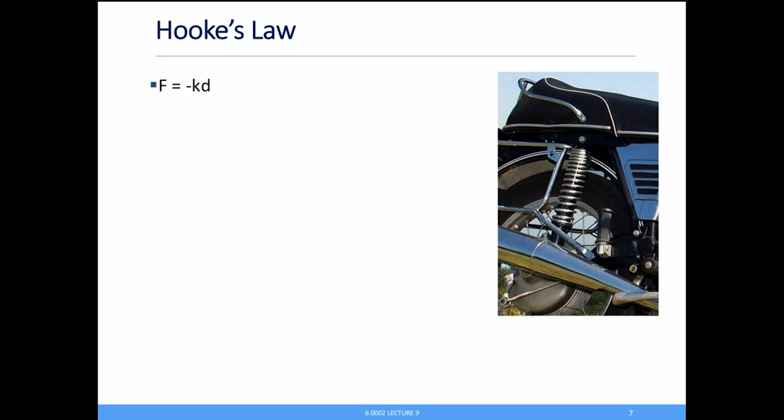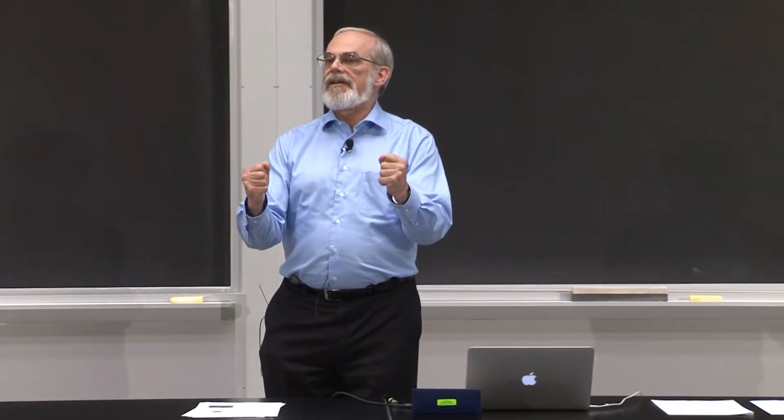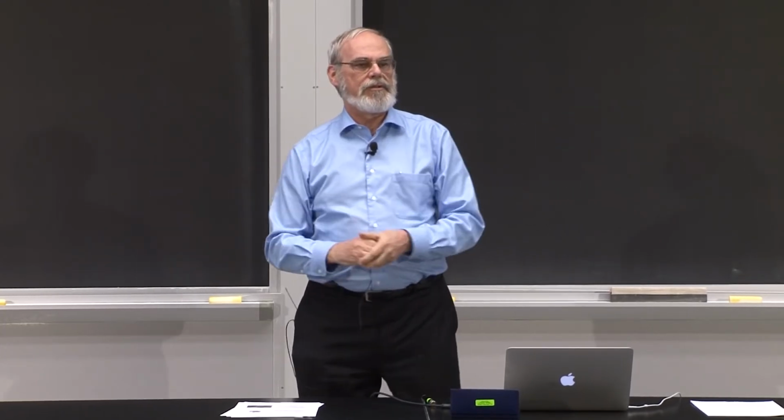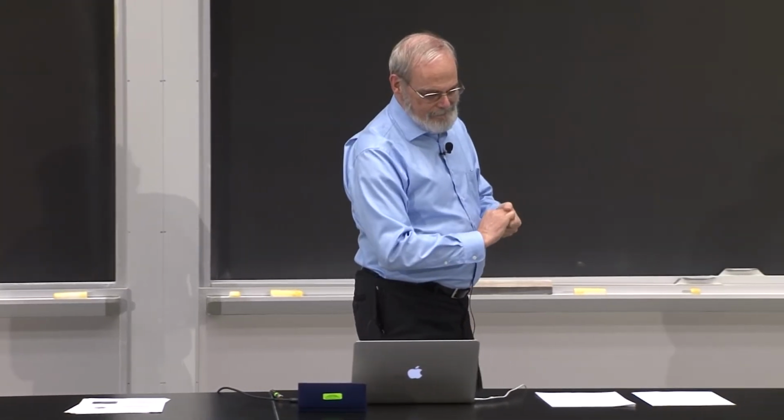It says the force you need to compress or stretch a spring is linearly related to the distance d that you've compressed it. Another way of saying it is, if I compress a spring some amount, the force stored in it is linearly related to that distance. And the negative sign here basically says it's pointing in the opposite direction. So if I compress it, the force is going to push it back out. If I stretch it, the force is going to push it back into the resting position.